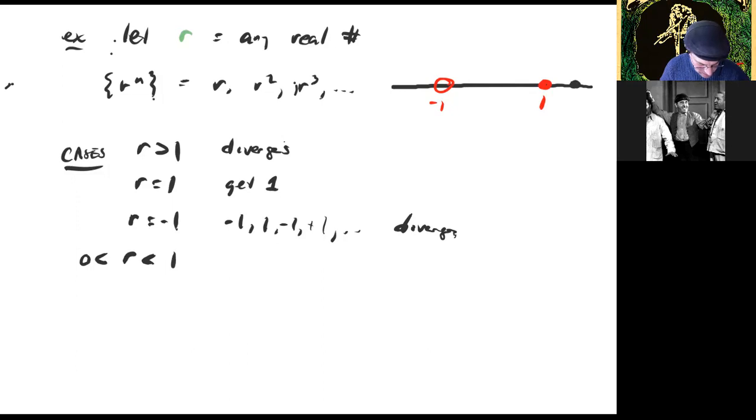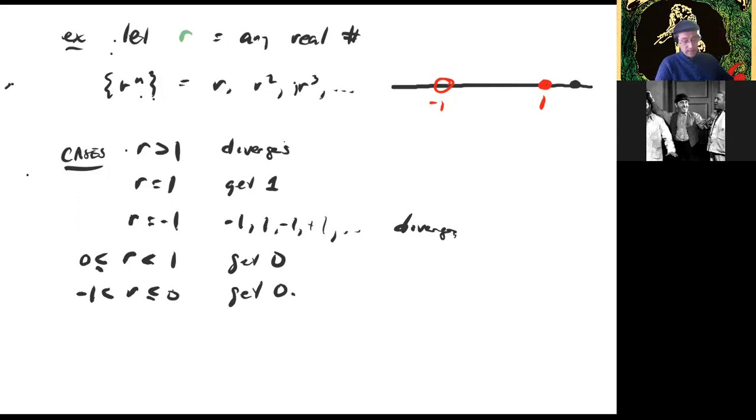We can also let R equal 0. If R is between 0 and -1, not including -1, by the squeeze theorem, I'm going to leave that argument out, you also get 0. Powers of any number whose absolute value is strictly less than 1 will give you 0.